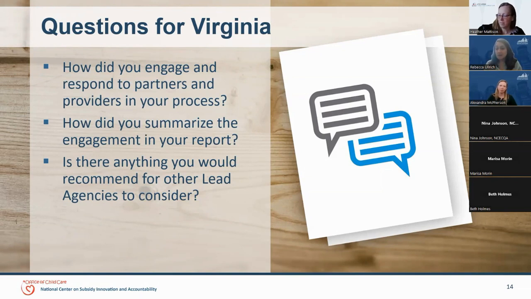The Department of Education in Virginia became the lead agency for CCDF, effective in July of 2021. That oversight was transitioned from our partners at the Department of Social Services to education, really with the intention of unifying all childcare and early education programming under one roof, one agency, one board.